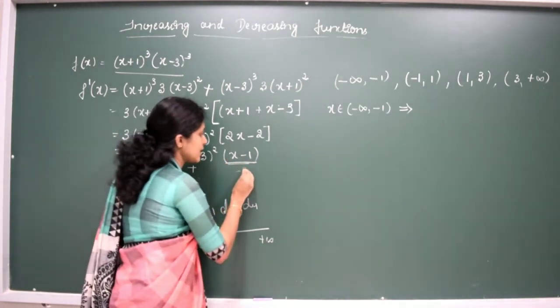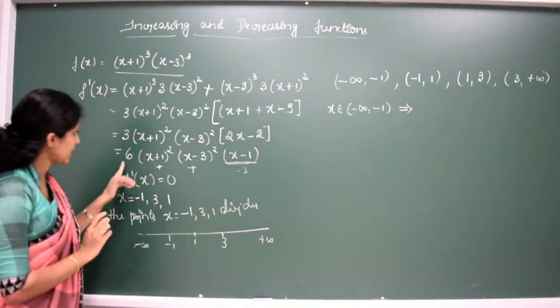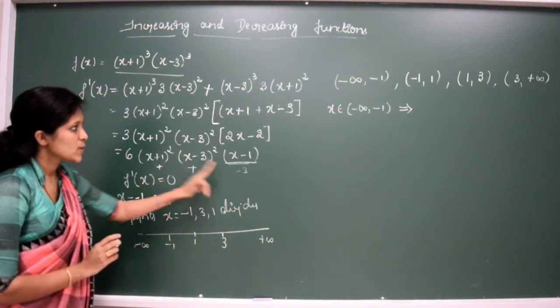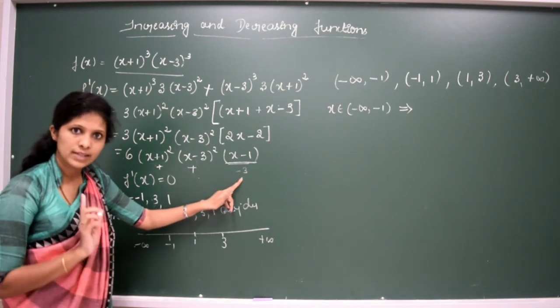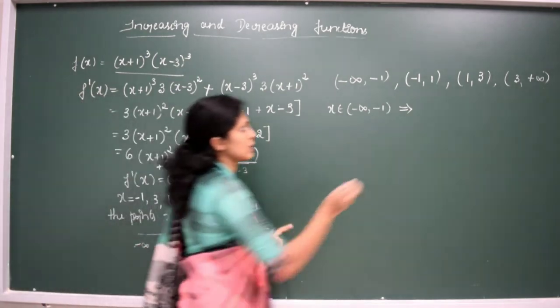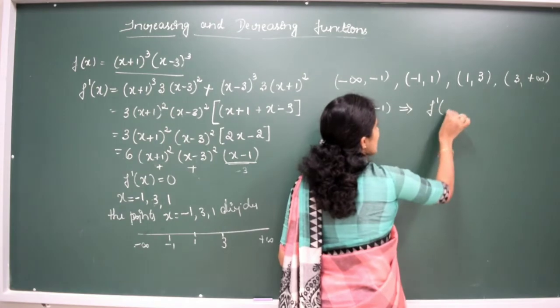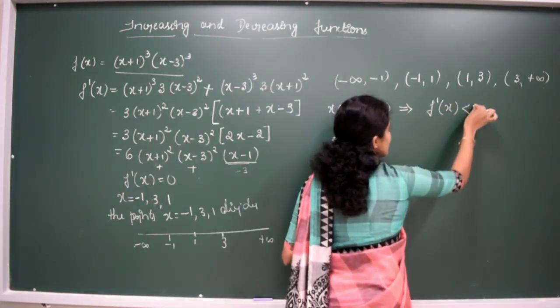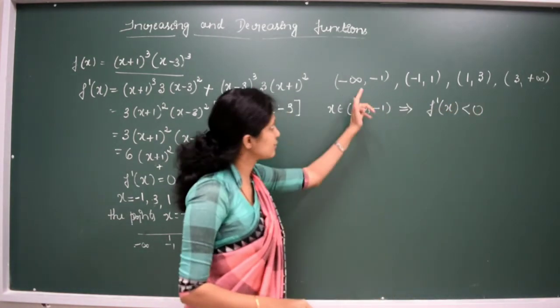It will be negative, multiplied with the positive signs, so f'(x) will be less than 0 in the first interval.